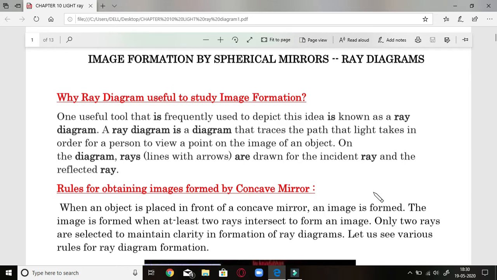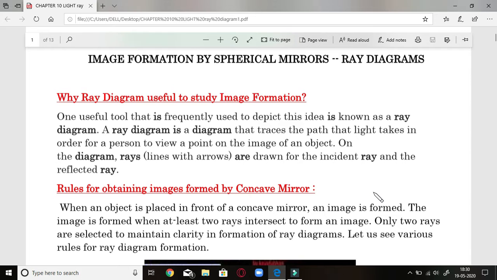Now one useful tool frequently used to depict this idea is a ray diagram. A ray diagram is a diagram that traces the path that light takes in order for a person to view a point on the image of an object. So on the diagram, rays are drawn for the incident ray and the reflected ray.